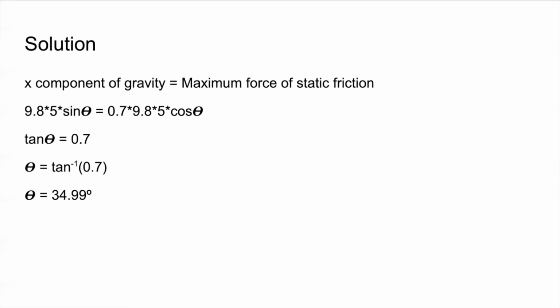So isolating theta and dividing both sides by 9.8 times 5, you get tangent of theta is equal to 0.7. So theta is equal to arctan of 0.7, which is approximately 34.99 degrees.